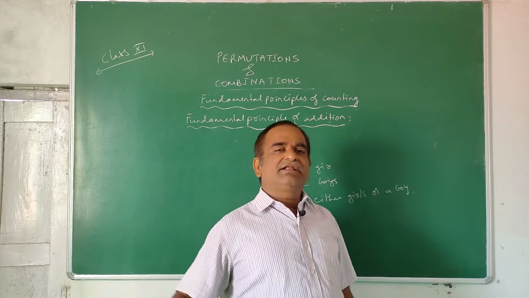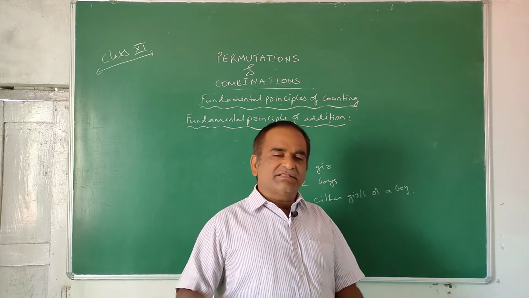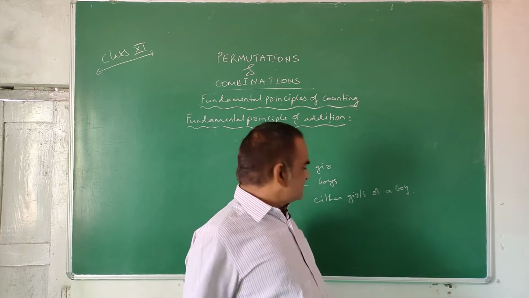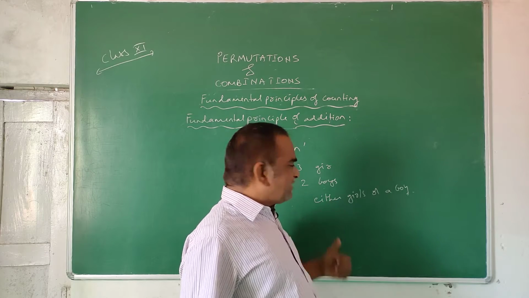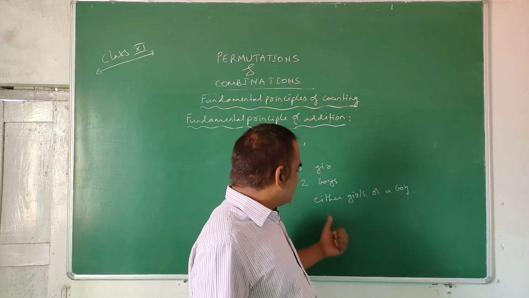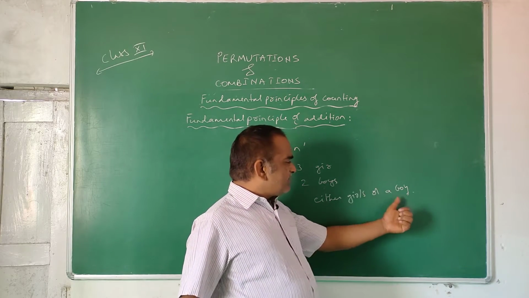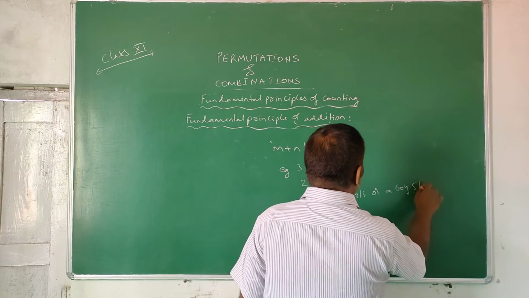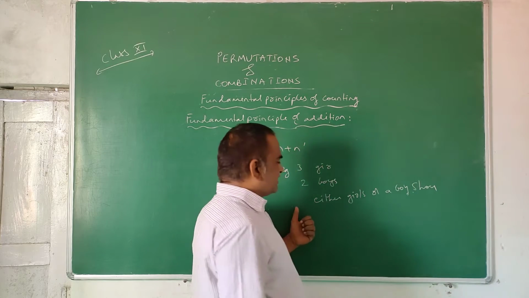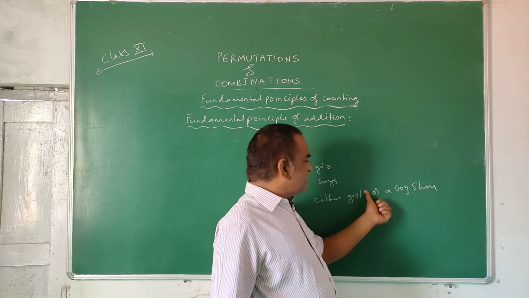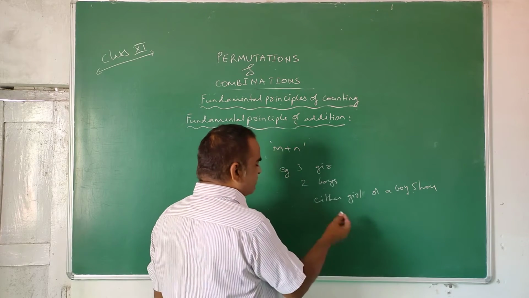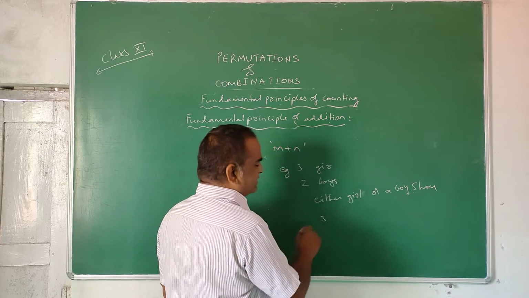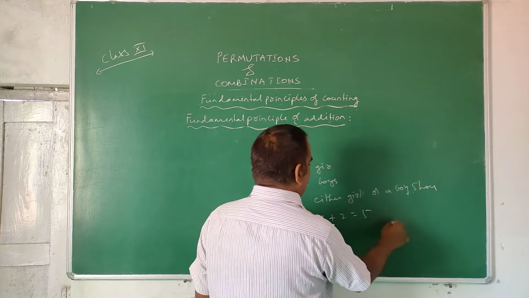Or if a boy addresses the meeting, the action is finished. If this happens or this happens, our action is performed. Then how many ways can it be done? 3 plus 2, which is equal to 5 ways.